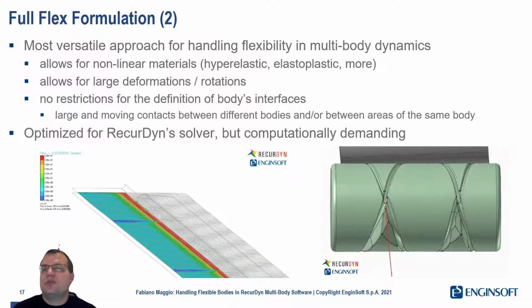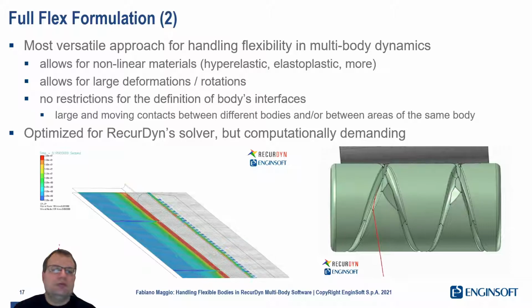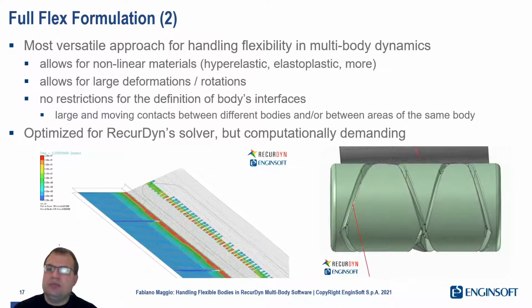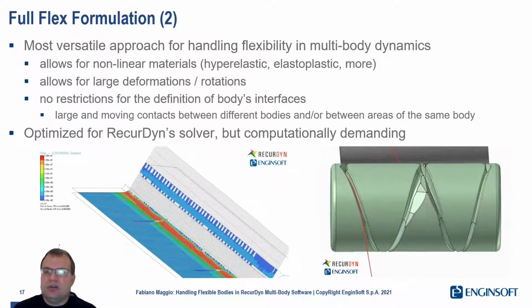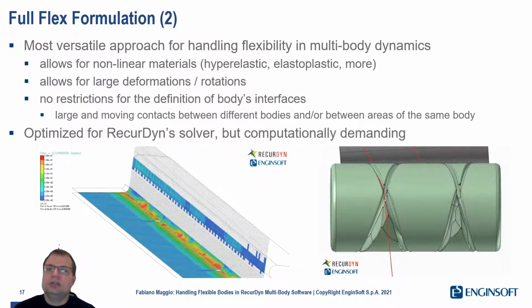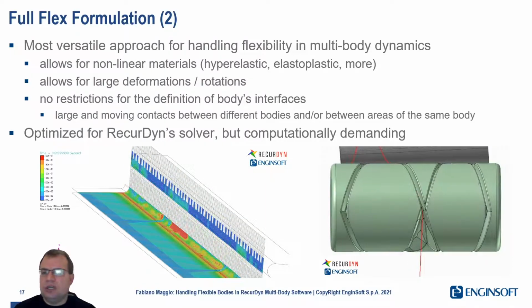The full flex formulation is really in competition with finite element because it's essentially a transient finite element simulation. You can use any type of material formulation, hyperelastic, elastoplastic, whatever you want. You can take into account large deformations and rotations.